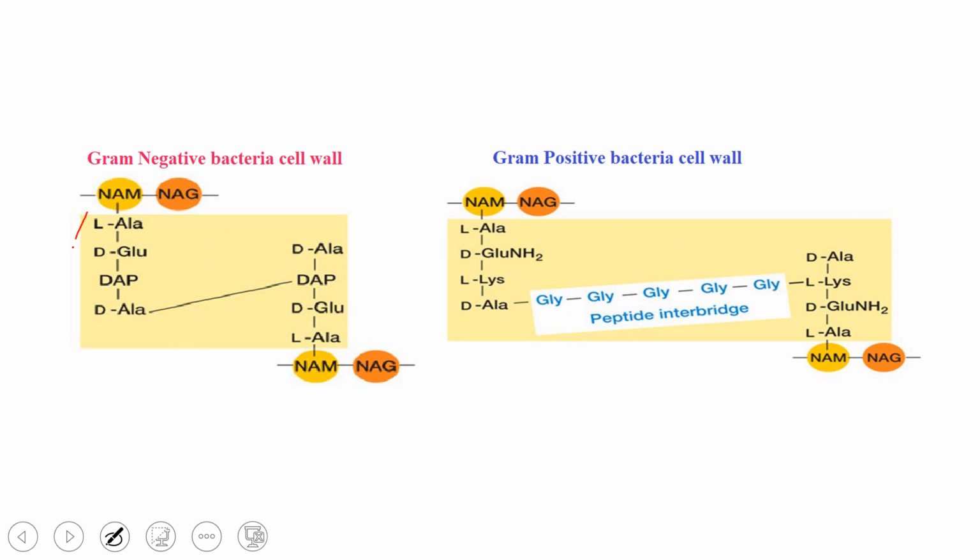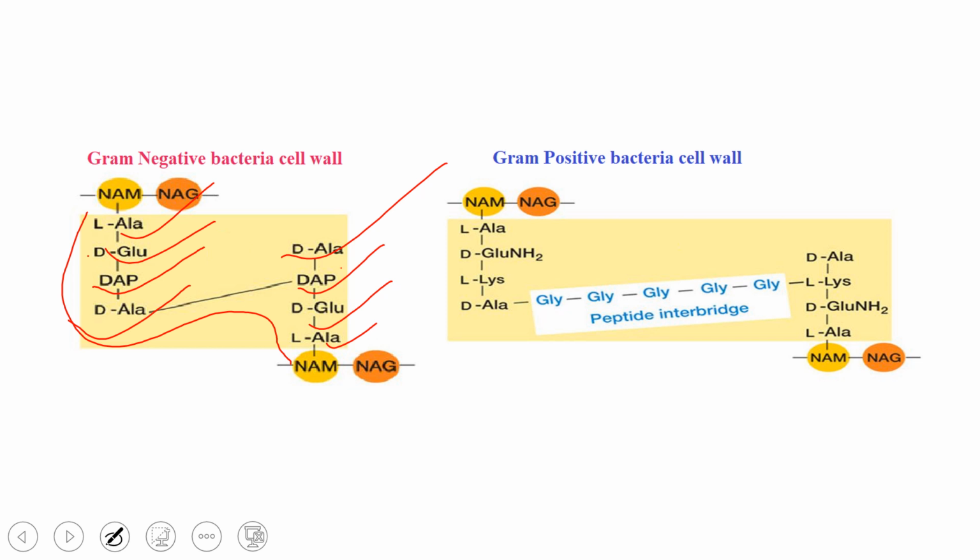You can see this NAM is linked with this NAM by the amino acids L-alanine, D-glutamic acid, diaminopimelic acid, and D-alanine. These are again joined with this L-alanine, D-glutamic acid, then diaminopimelic acid, and then D-alanine. So these are attached with each other. But this is the case of the gram-negative bacteria.